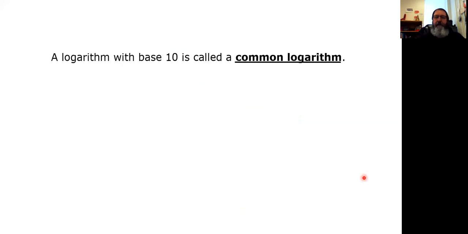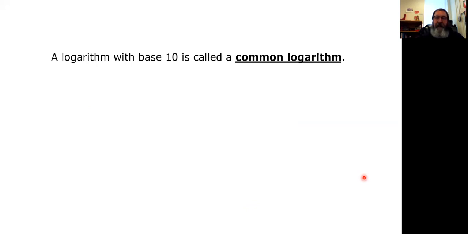All right, a couple of other things about logarithms you need to know. There's a specific type of logarithm called a common log. Common logarithms are logarithms that have a specific base, and that is base 10. Much like the example I was just talking about, log base 10 of 10,000. That was a common log because it had a base of 10.